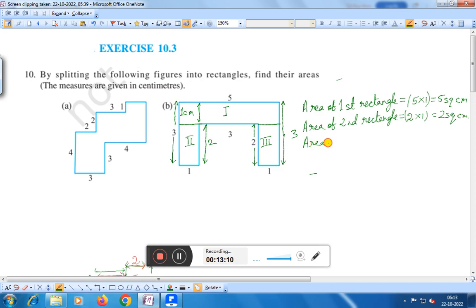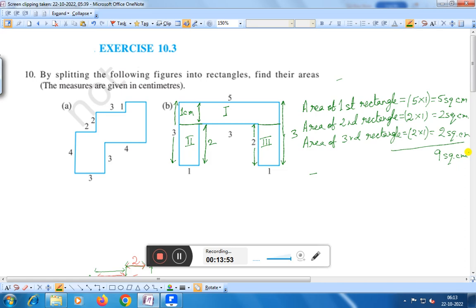And the area of third rectangle is equal to this one, that is 2 into 1 is equal to 2 square centimeter. And if you add all the area, that is 5 plus 2 is 7, plus 2 is 9, 9 square centimeter, right? Therefore the area of the second figure is 9 square centimeter, right?